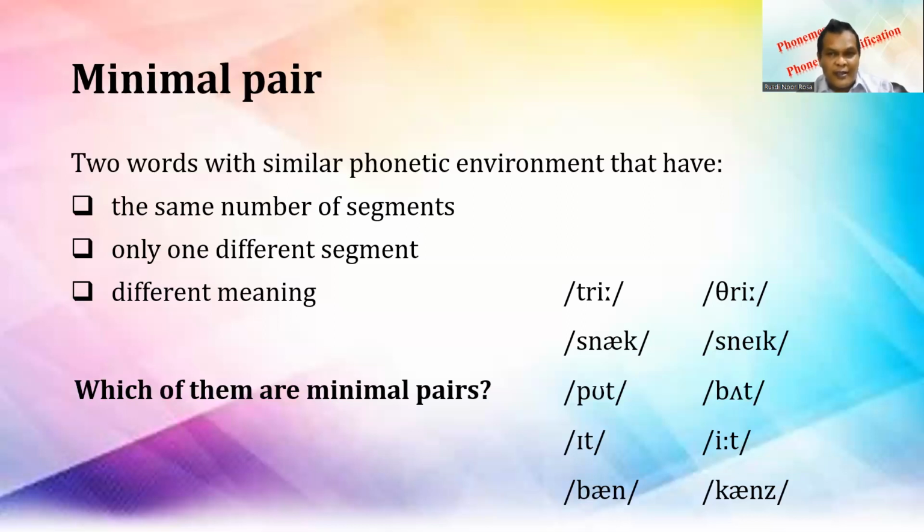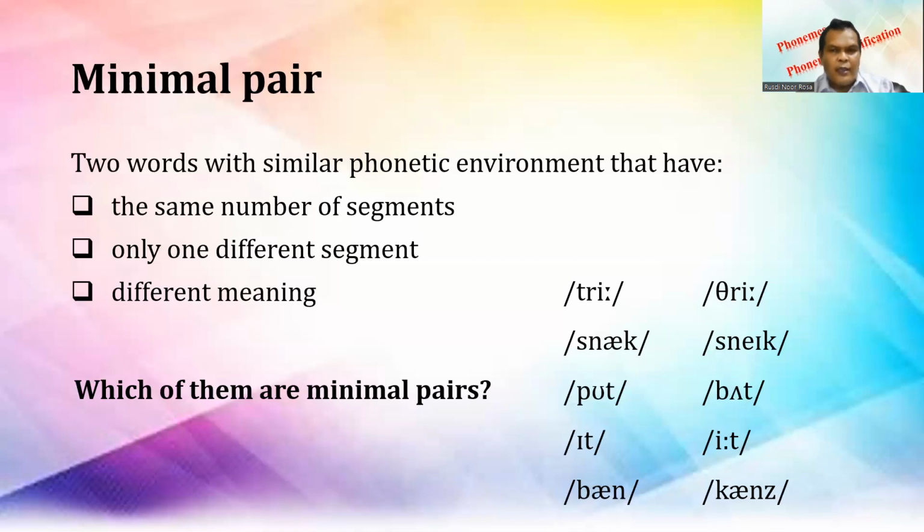So we can see that these two words have only one different sound because the other sounds in these two words are r and e. So we can conclude that these two words have already met the first two criteria or the first two conditions of a minimal pair.